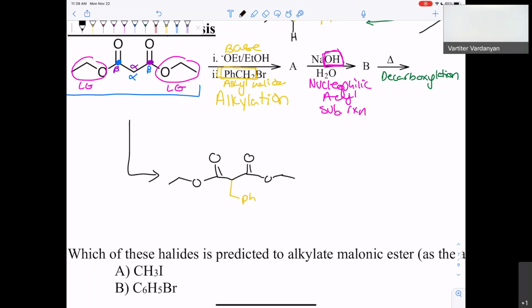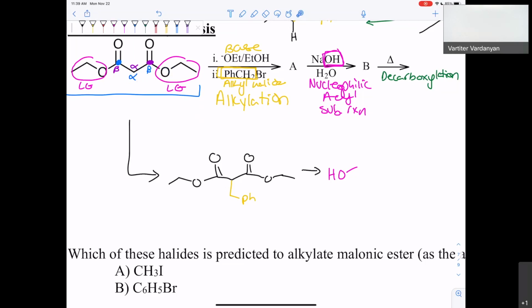Then in the second step, for this one, we would only have one alpha position because these two guys are oxygens. In the previous one, we want the most substituted side, aka the one that's in the middle of two carbonyls, because that's more acidic.